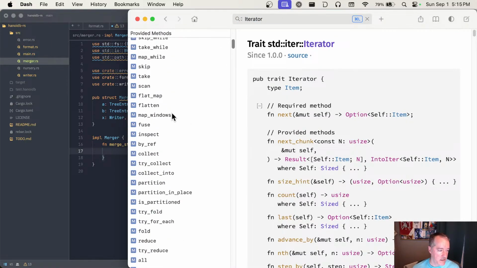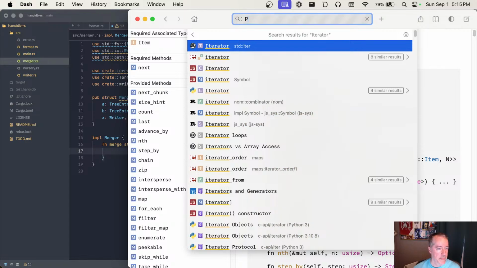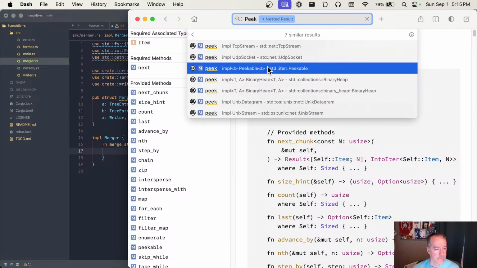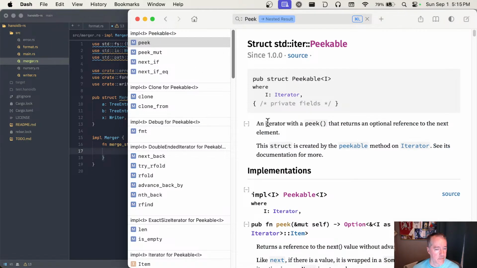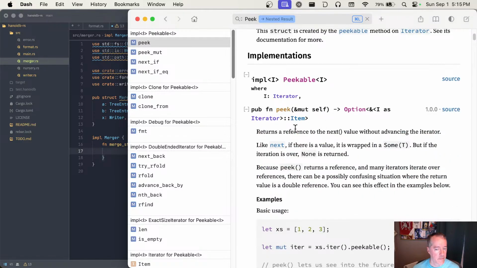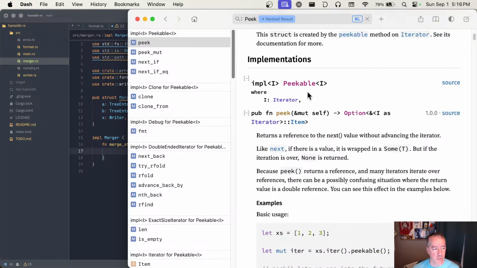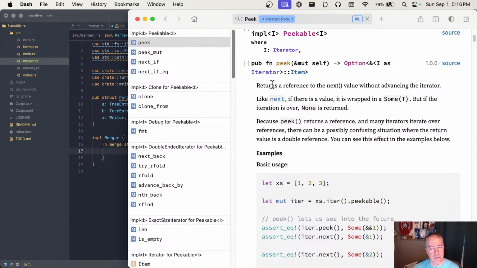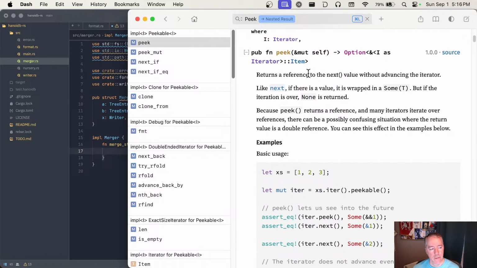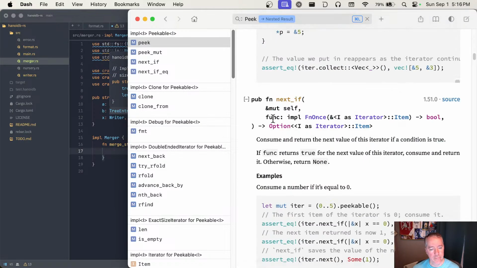I think what we need is peekable, because what we want to do is take one without advancing.